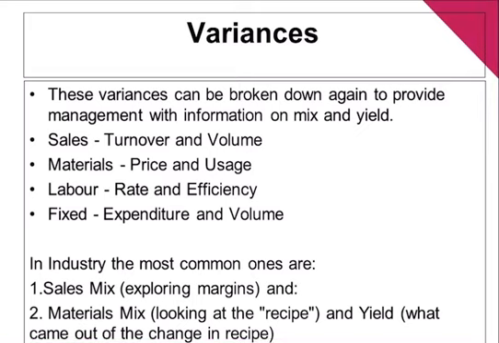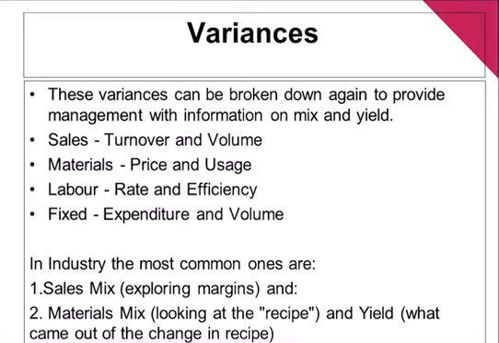Okay. And so the ones I've found in industry and the ones you need to really get your heads around are sales mix, which is exploring how, although you might have sold the same number of units, if you sold them in different proportions with different margins attached to those proportions, you would get a different profit result.